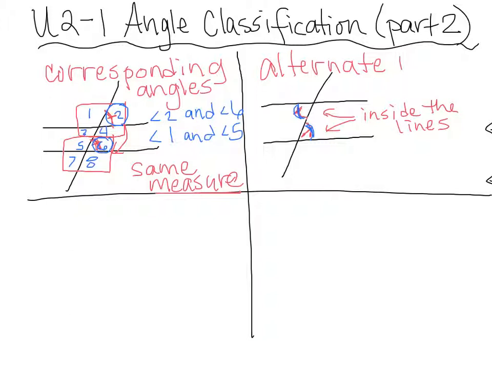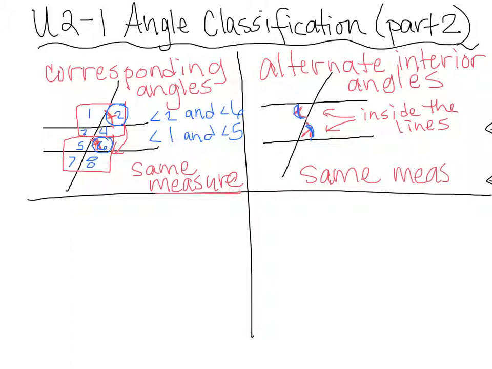And then interior, because they're on the inside of those parallel lines. So alternate interior angles. Now those two angles are also exactly the same measure. Okay, so let's write that down. Same measure.